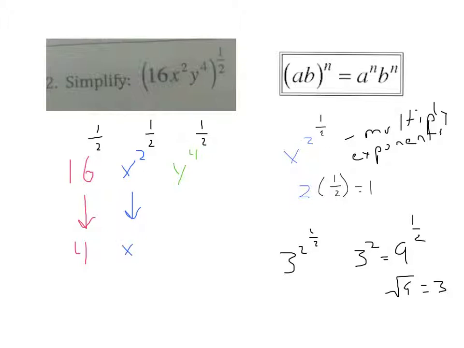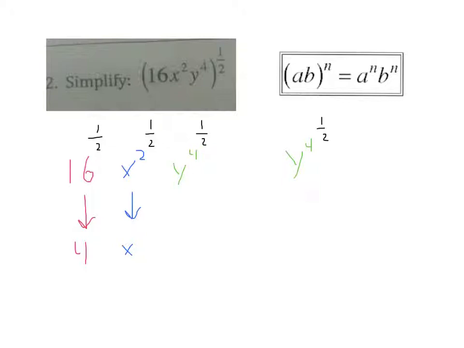And then the final thing we need to do is look at this y to the 4th raised to the 1/2. Okay, so we've got y to the 4th raised to the 1/2. And go ahead and pause the video right now and see if you can work this out for yourself using what we applied earlier to the x squared to the 1/2.